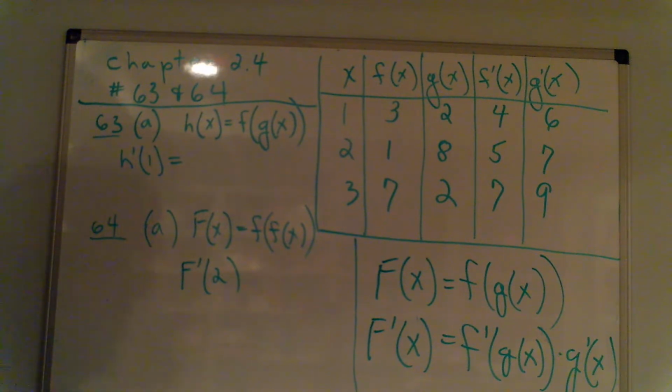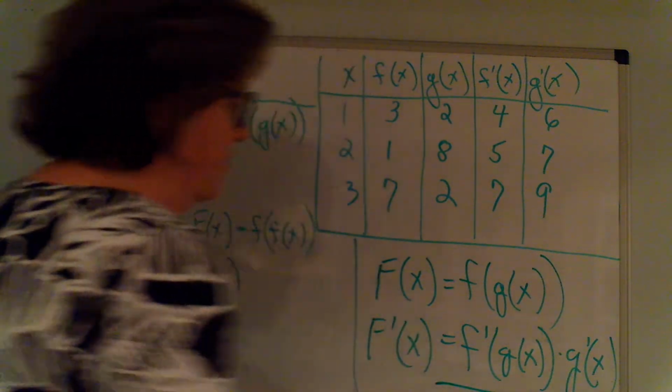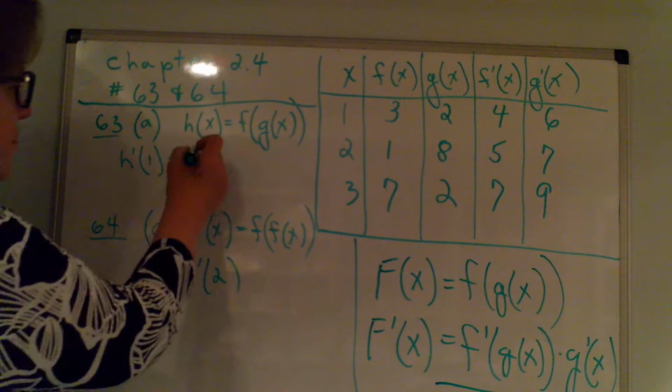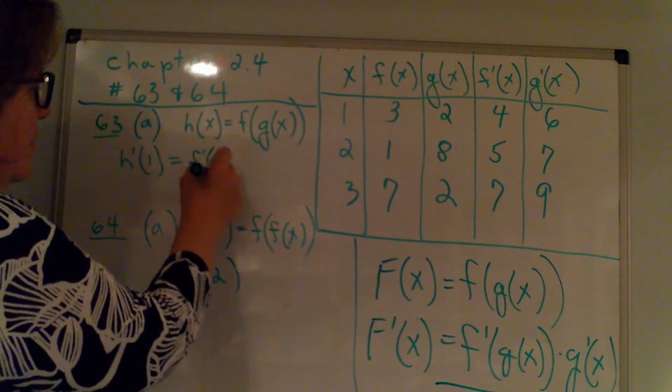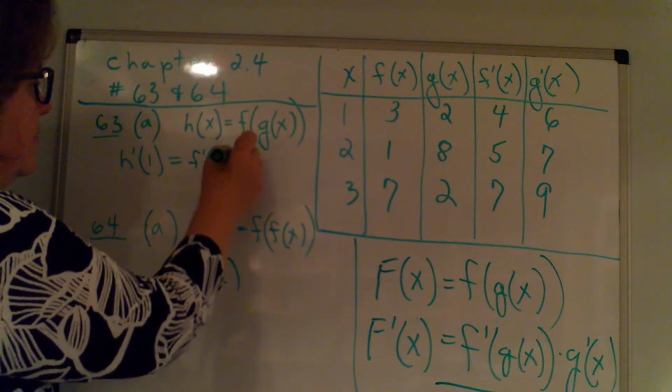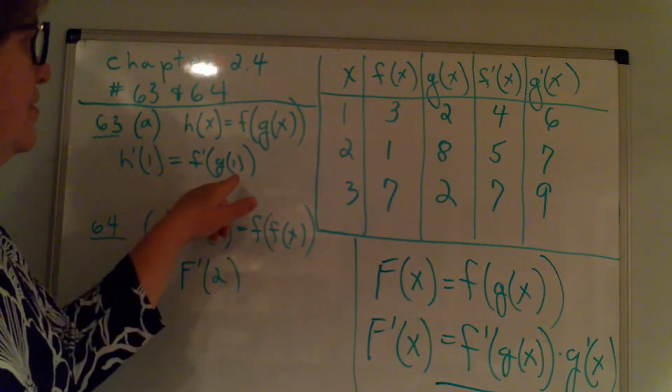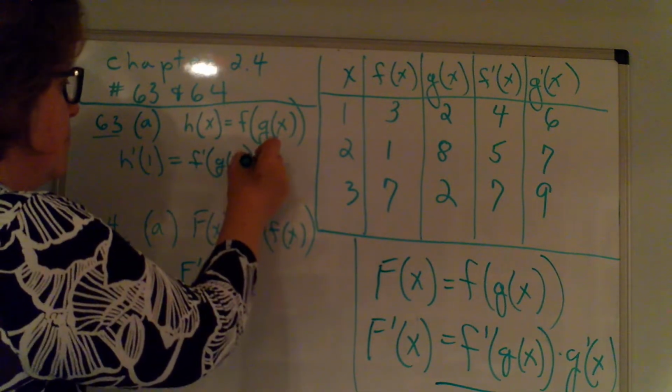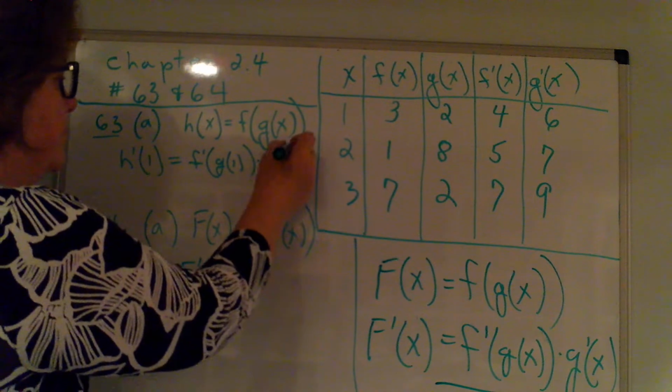So basically, you want to use this expression. We're going to do f prime of g of 1, because we're interested in what's happening at 1, times g prime at 1.